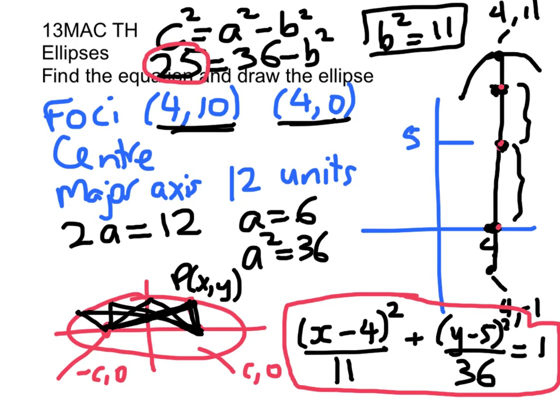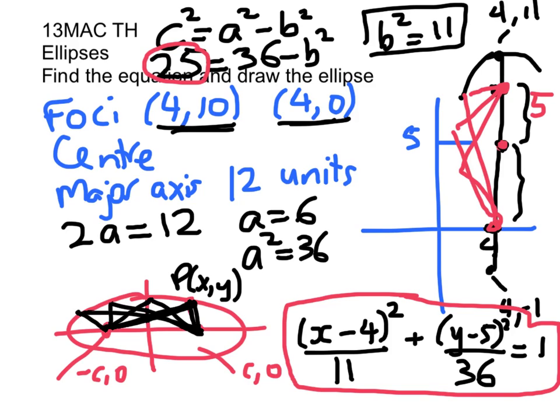Well, the idea of the focus is just if I take that major axis, how far away from it are my two focus points? Because that's how I'm tracing out my ellipse. Right? So the c that we care about here is the distance of 5 in there. So c squared is 25. So that gives me that equation.